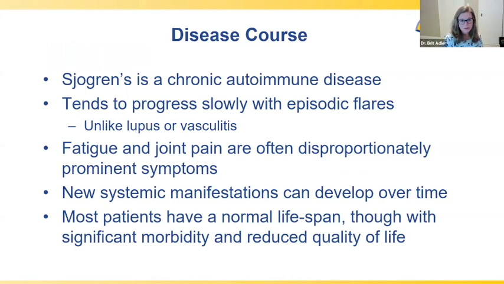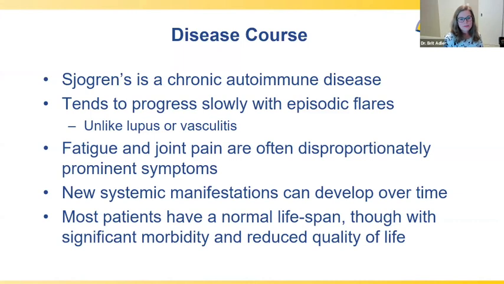So Sjögren's is a chronic autoimmune disease. It tends to not just go away, and it tends to progress slowly and have episodic flares. This is a little bit different from lupus or vasculitis, which can have very fulminant presentations. Patients can get rapidly progressive organ failure with these diseases, and we tend not to see that so much with Sjögren's.